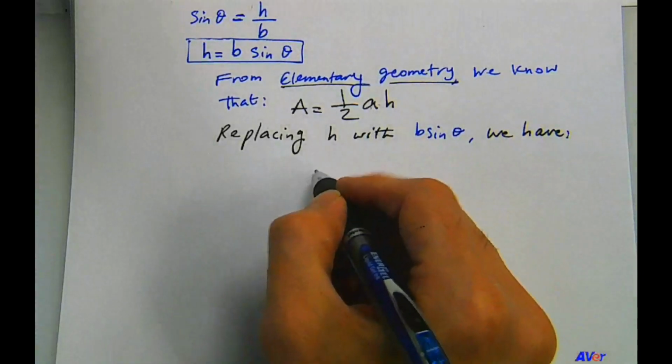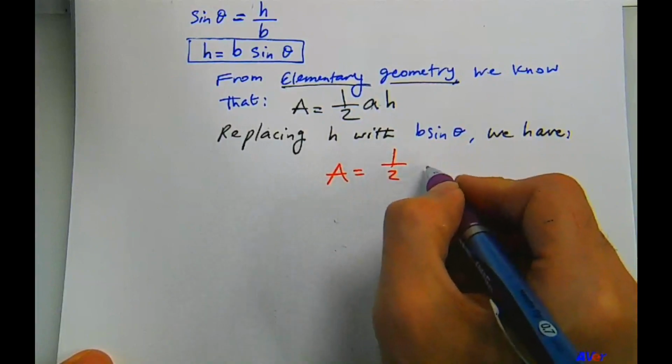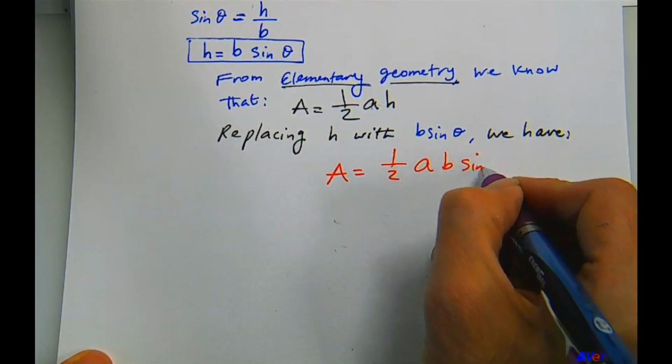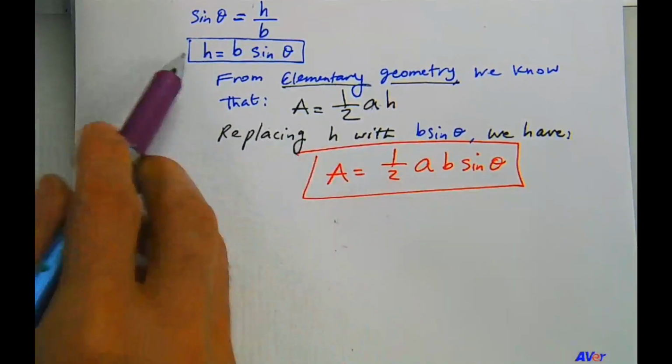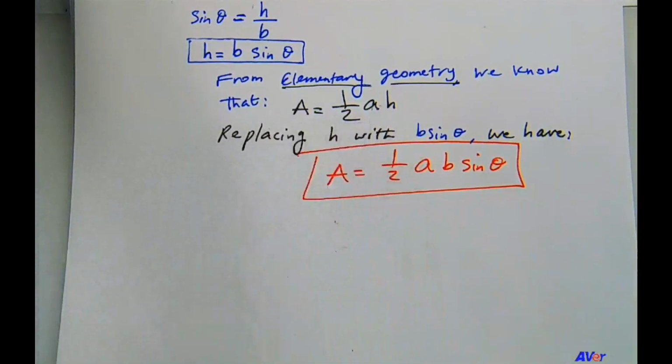So we have A equals 1/2 a b sine of theta, after we substitute b sine of theta for h.